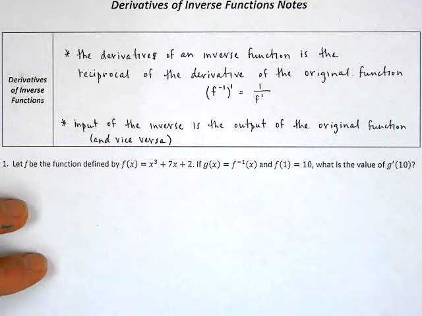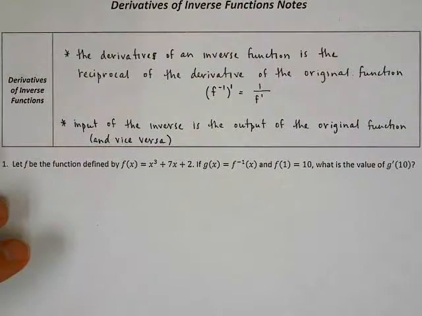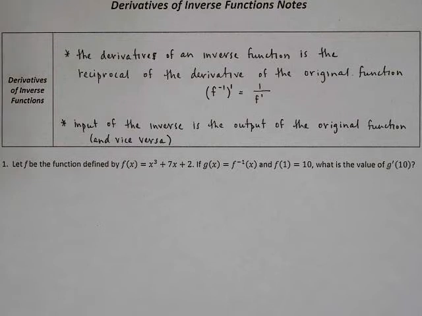So the input of the inverse is the output of the original, right? The output of the inverse then is the input of the original. And that's going to play a huge role in this. So let's look at some examples and see how these two things come together.